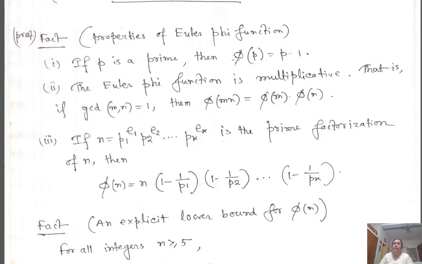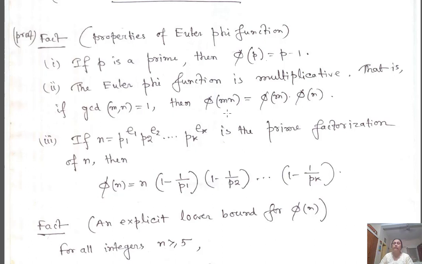So if p is prime, then phi(p) is p minus 1. And Euler's phi function is a multiplicative function. Multiplicative means if you take m and n to be coprime, then phi(mn) is the product of phi(m) and phi(n).